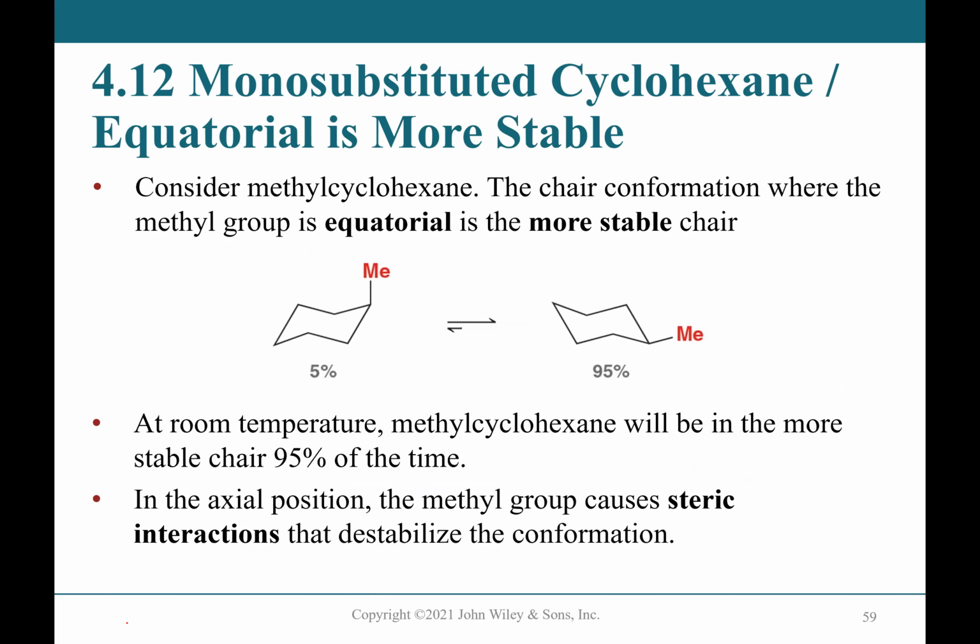It says consider the methylcyclohexane. So you can see if we put the methyl group in the equatorial position, let's erase that, it's going to be 95% in that position, whereas only 5% of the time, the methyl group will be in the axial position.